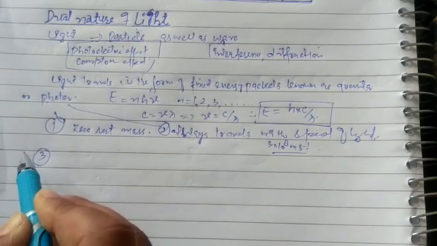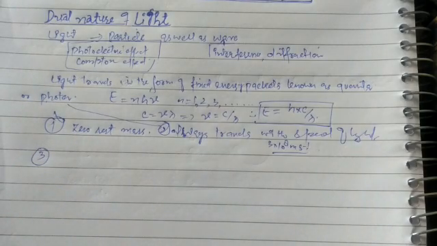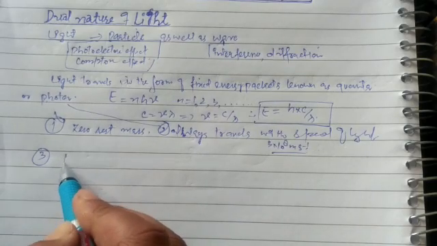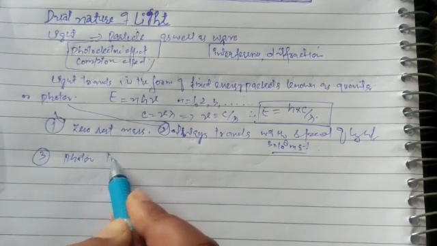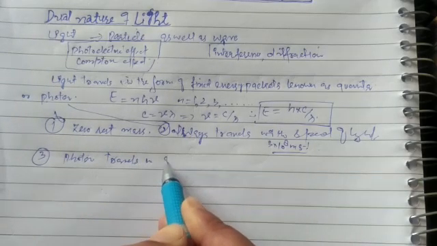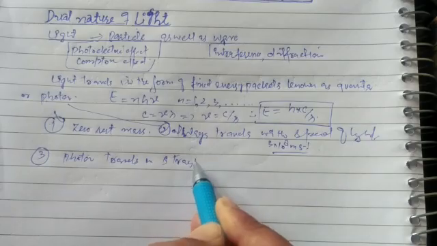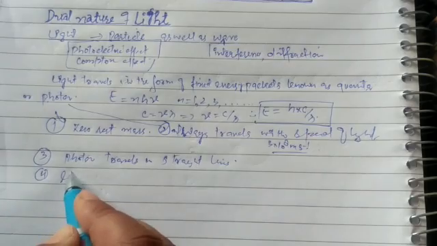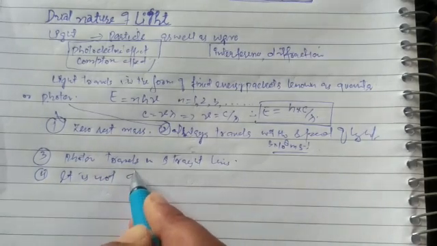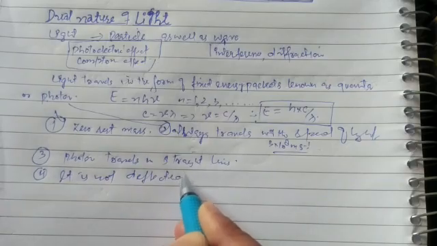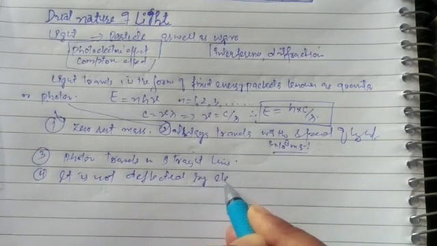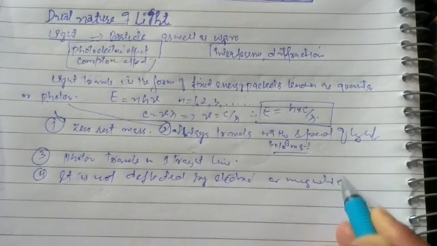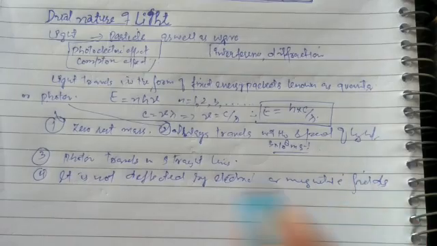Then another property: the photon travels in straight lines. It is not deflected by electric or magnetic fields.